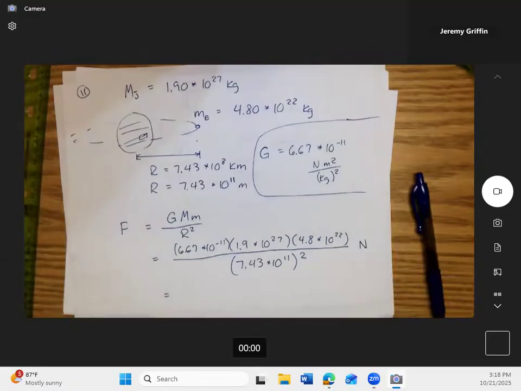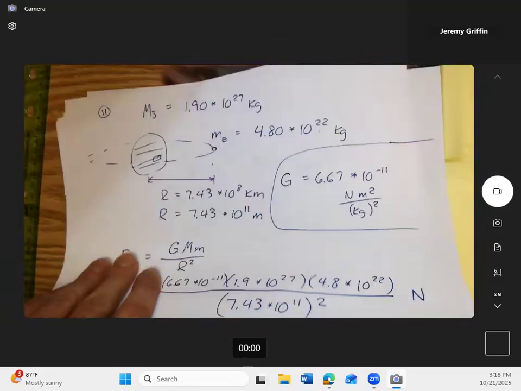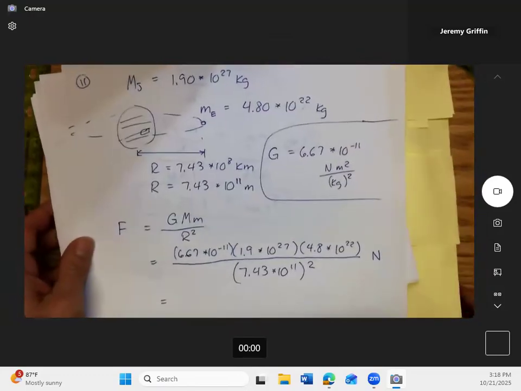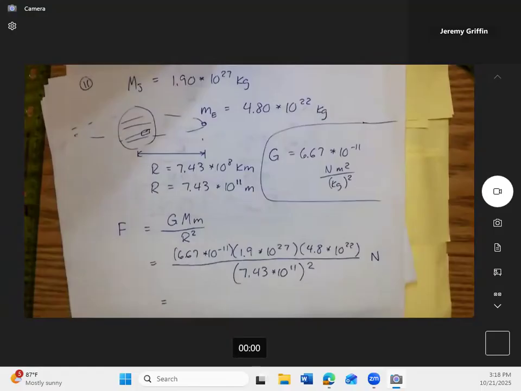Well, let's see. I might be able to prop this up a little bit. Let's see here. Is the first one 10 to the negative 11? Yeah, 10 to the negative 11. That's the gravity constant. Ah, syntax error. Okay, so everybody take a shot at this.